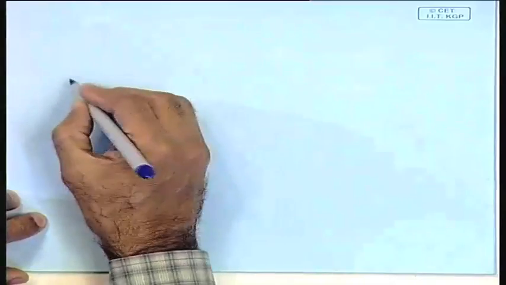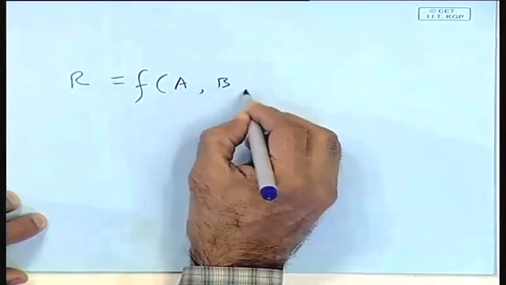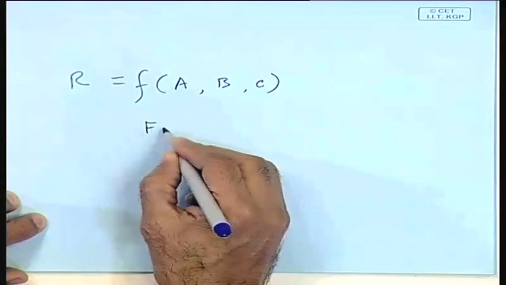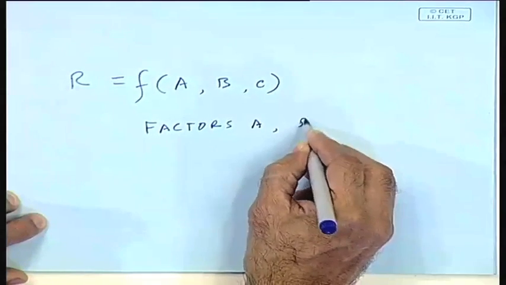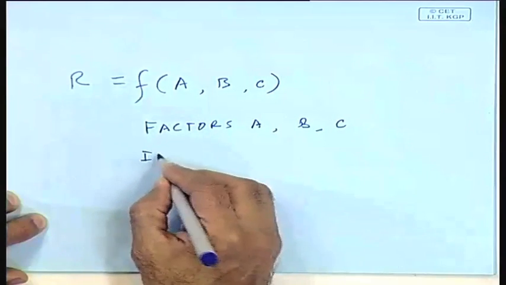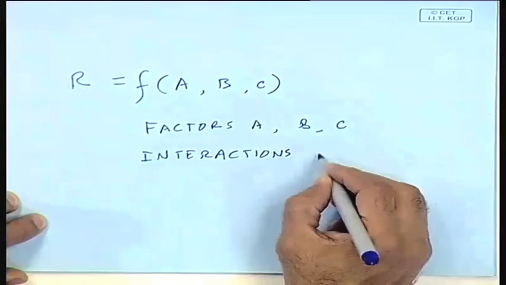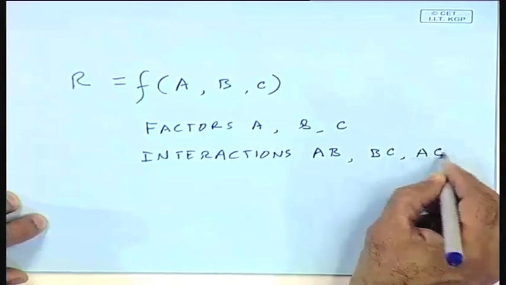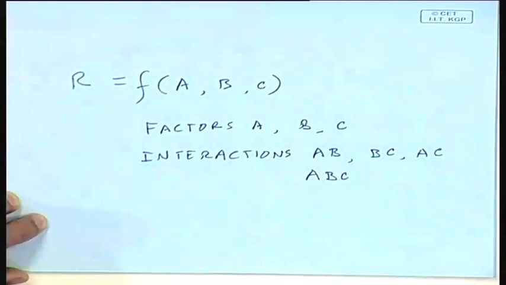For example, if I look at this curve here, I look at response as a function of A, B, and C. Now, this could be the effect of factors A, B, and C. I could just have factor effects A, B, and C. I could also have interactions: AB interaction or BC interaction or AC interaction, and also perhaps a third-order interaction ABC. These are the ones that make life complicated.